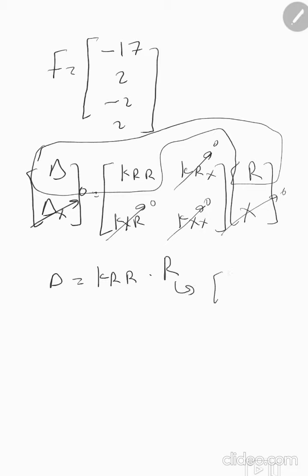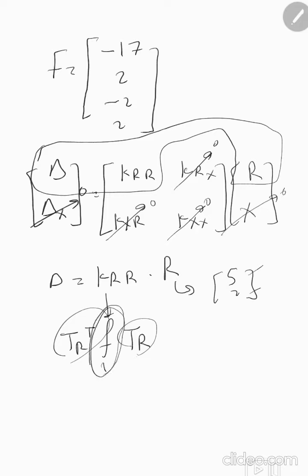R is 5 and 2, the force and moment that are given in the example, and KRR equals TR inverse, small f, times TR. TR we already found, and now how can we find the small f? Small f here is different than in the truss. It has a different rule. So now I will write the rule of f in the beam.